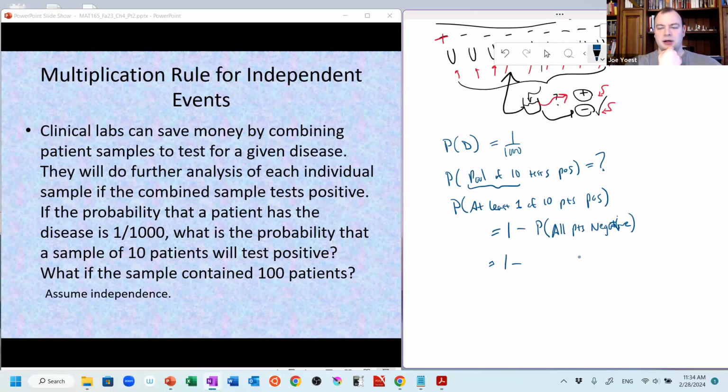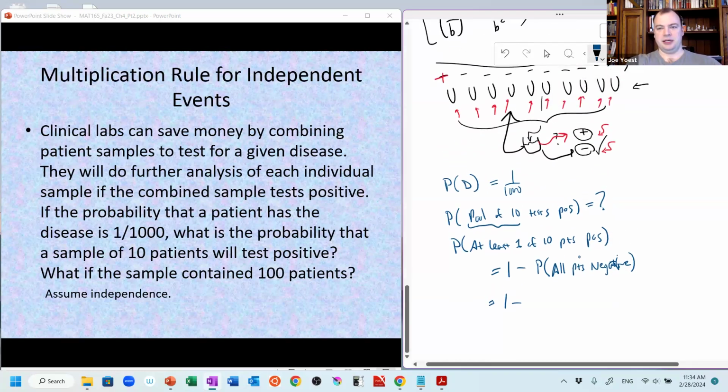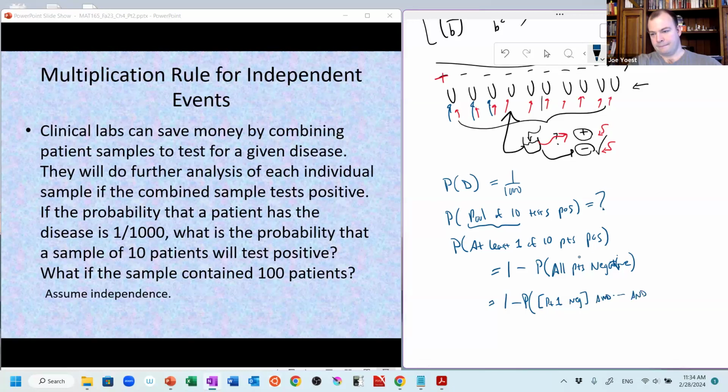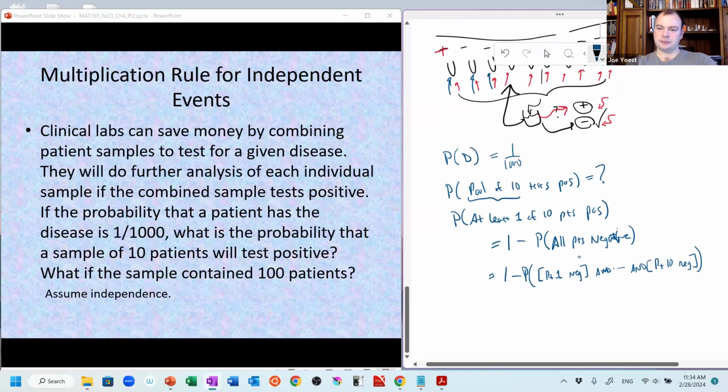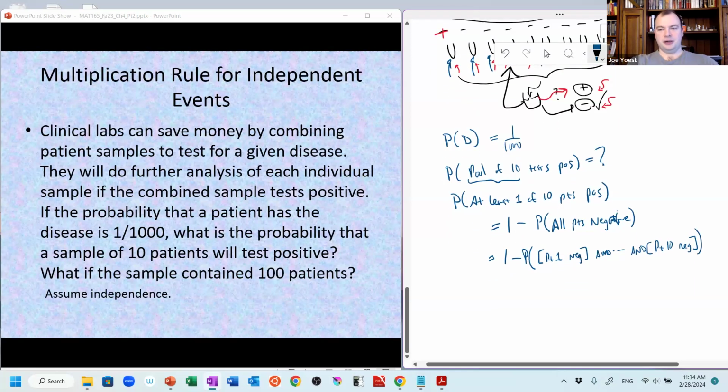If all the patients are negative, I can think of that as patient 1 is negative and patient 2 is negative and patient 3 is negative and so on, but I assumed independence.